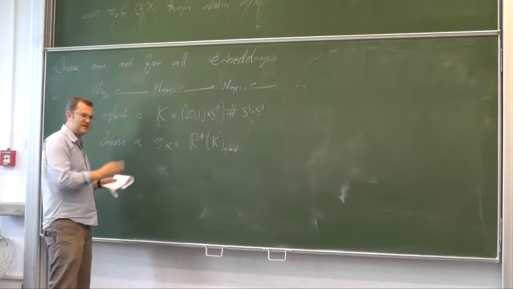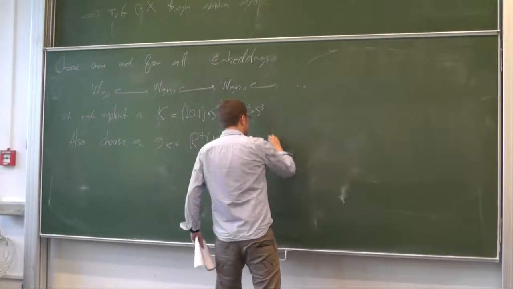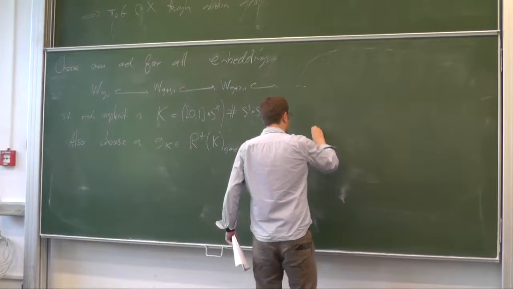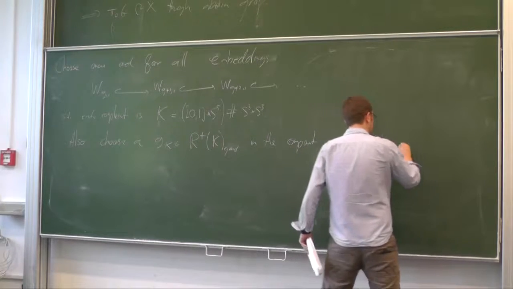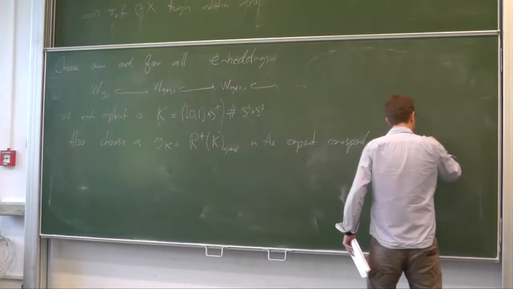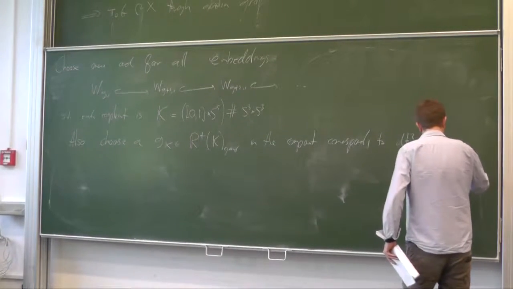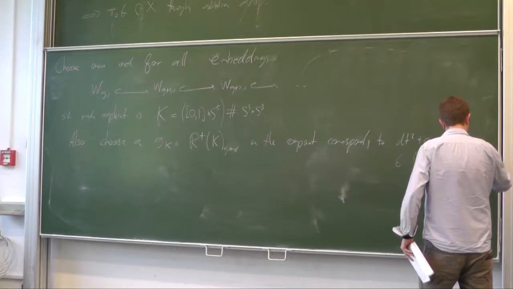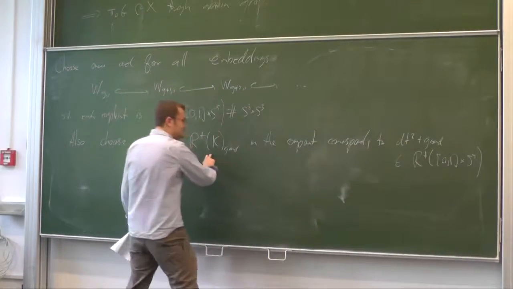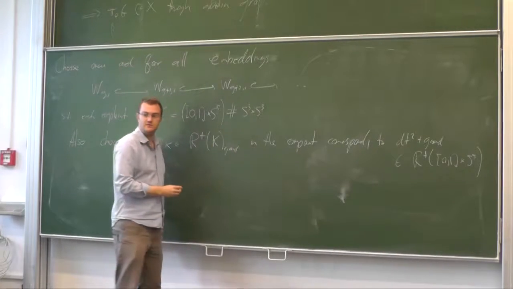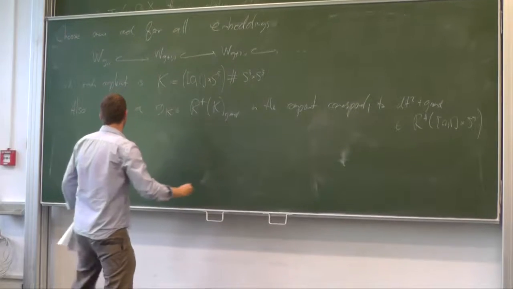Okay, so the actual metric doesn't matter, it has to be the isotopic class, and it has to be in the component corresponding to dt squared plus g round in the space of metrics on the cylinder, corresponding under what? Well, under the homotopy equivalence between that and that, that's given by soldering these away. Under the equivalence.